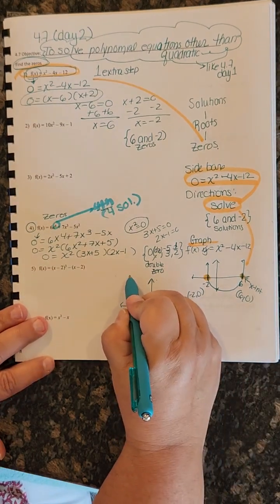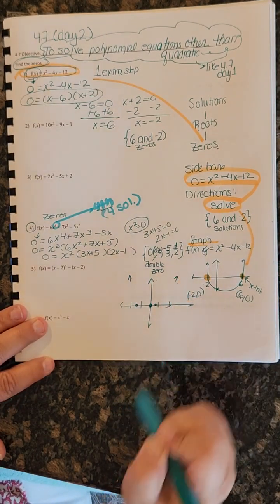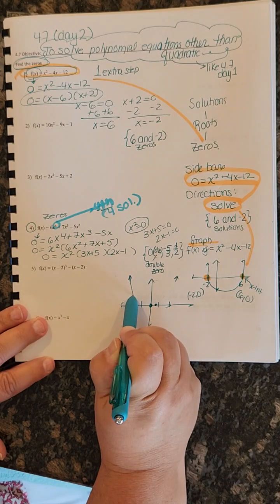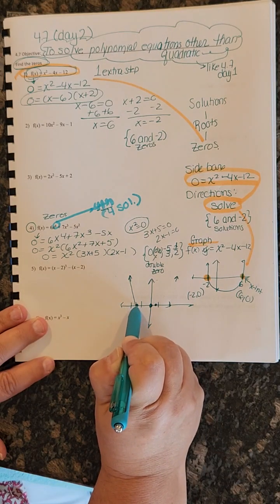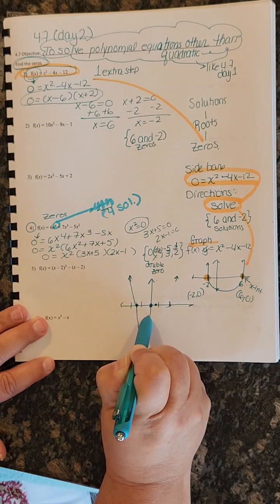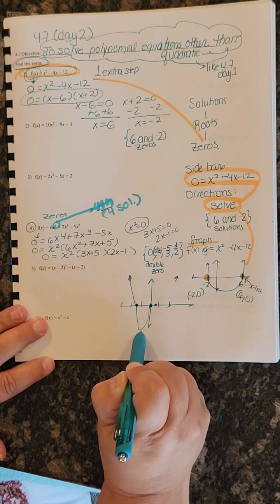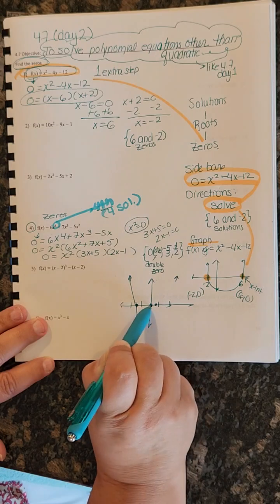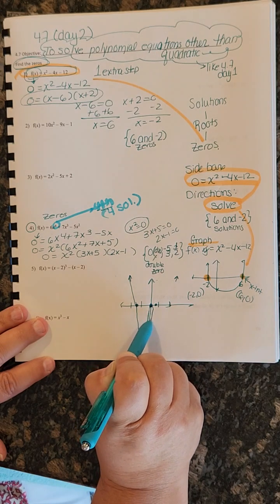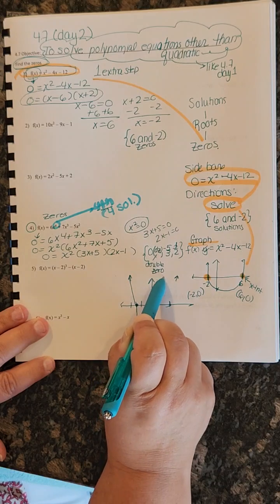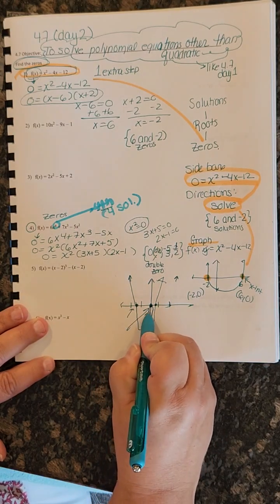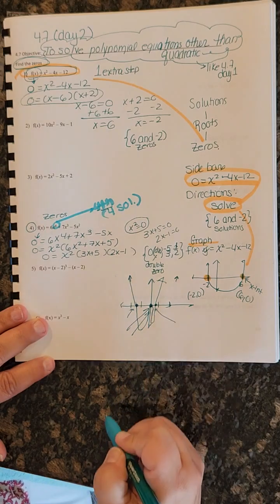You don't know about end behavior yet, but when you do, this is what the graph could look like. You're not there yet, so I don't want you to get upset if you don't know how to do it. But when the graph comes up, it's going to just touch the 0. See how it's going up and touching it one time? And when it comes back down, it's technically touching it another time. And then it goes through that one.